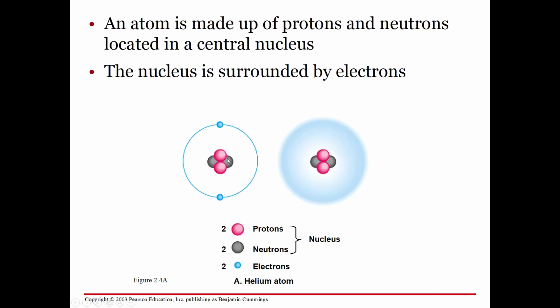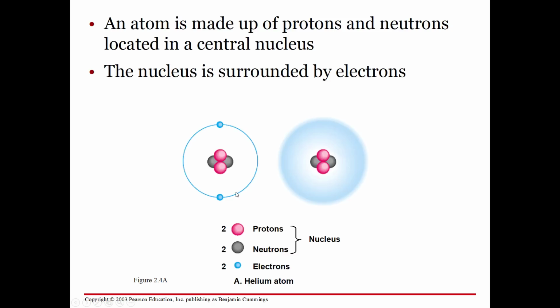Notice at the middle, which we call the nucleus, we can see the pink colored protons and the gray colored neutrons. Remember again that protons are positively charged and neutrons are neutral. So an atom is made up of protons and neutrons located in a central nucleus. The nucleus is surrounded by the electrons.